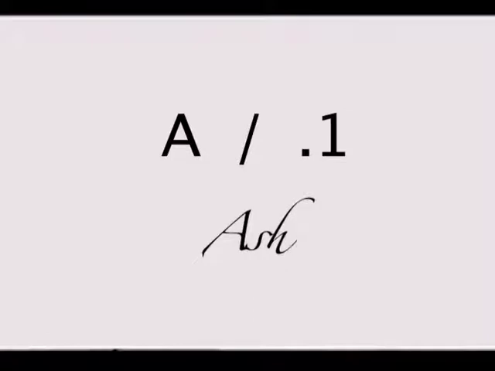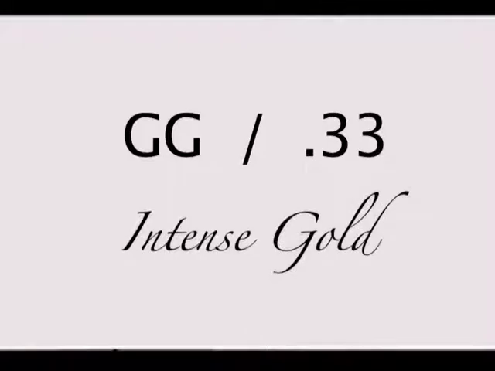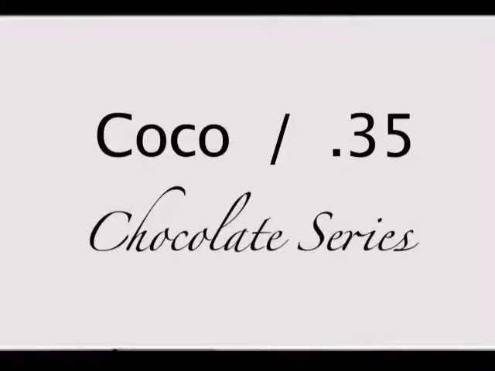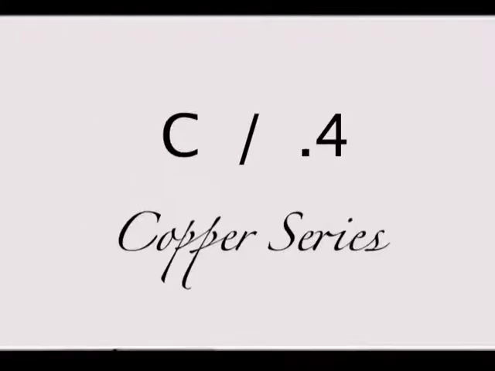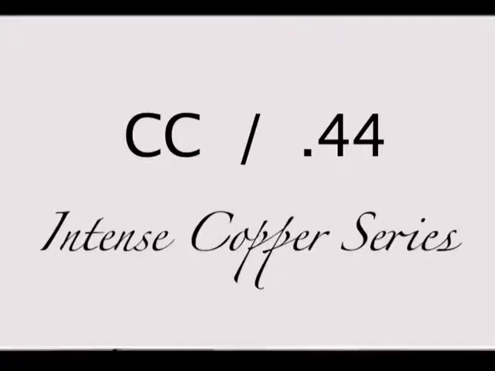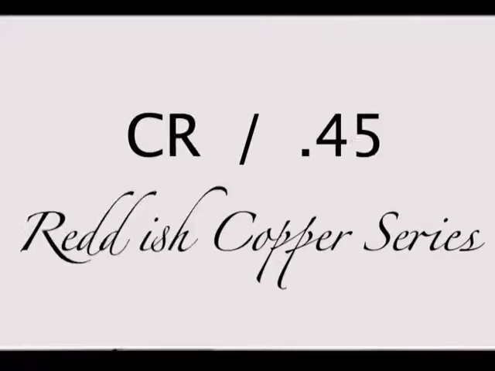The next one is A, which is ash, 0.1. G, 0.3, gold series. GG, 0.33, intense gold. Cocoa, 0.35, chocolate series. C, copper, 0.4. CC, 0.44, intense copper series. CR, 0.45, reddish copper series.